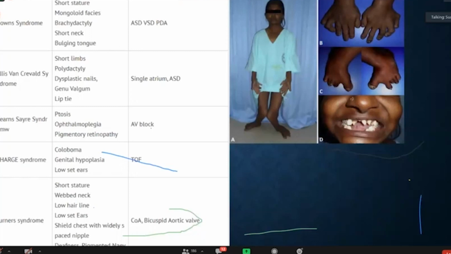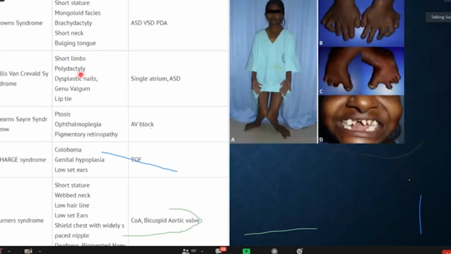So Down syndrome is associated with many other things. Now, this is one picture. I have encountered one of these patients, who comes with a common atrium, a very large ASD. You see a short stunted female. There is a cubitus valgus. You see a lip tie. There is a deformity in the teeth. You see again cubitus valgus.